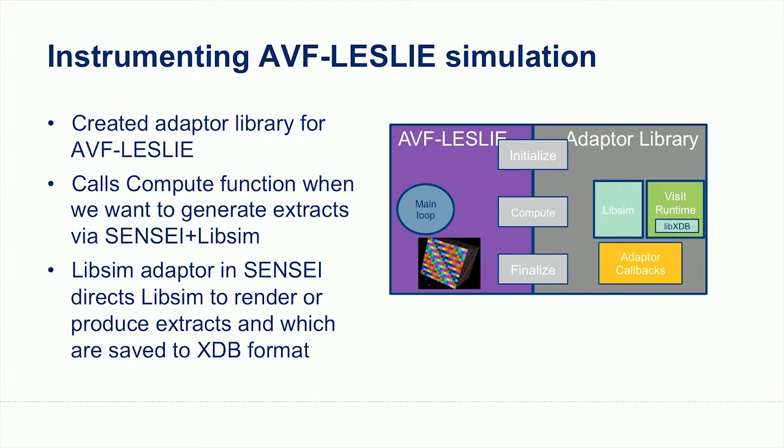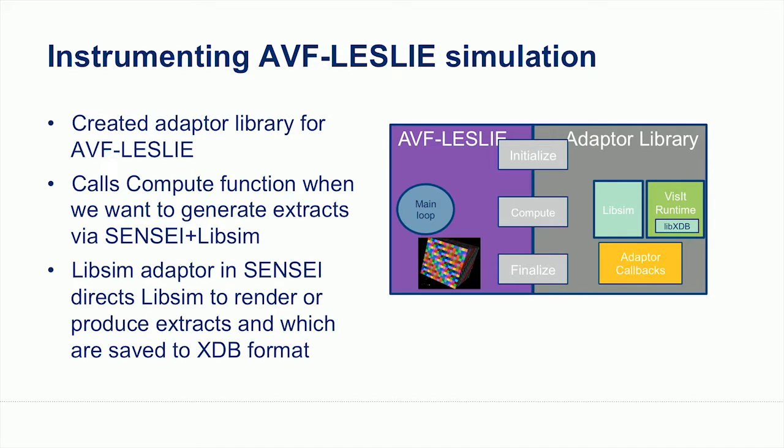So here's a nice block diagram of how everything works. We've got the AVF-LESLIE simulation. We've got our bridge code with the initialize, compute, and finalize. And we've got our data adapter, or our adapter library, which has Libsim in it, the VisIt runtime, doing the XDB dumping, and the callbacks.